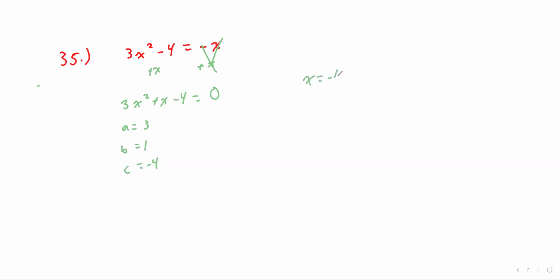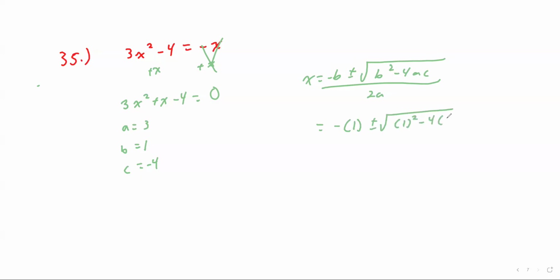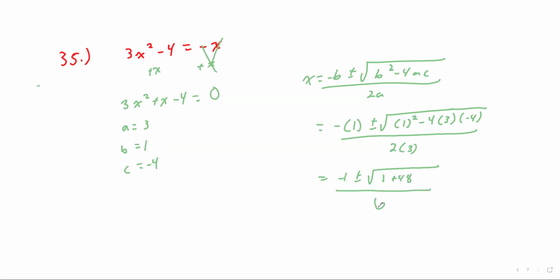So again, the formula was negative b plus or minus the square root of b squared minus 4ac, all divided by 2a. So when I plug this in, this gives me negative 1 plus or minus the square root of 1 squared minus 4 times 3 times negative 4, all divided by 2 times 3. This gives me negative 1 plus or minus, 1 squared is 1. 4 times 3 is 12. 12 times negative 4 is negative 48. Then 2 times 3 is 6.